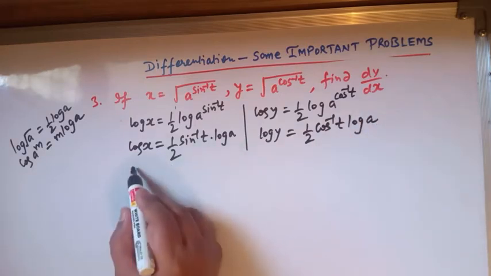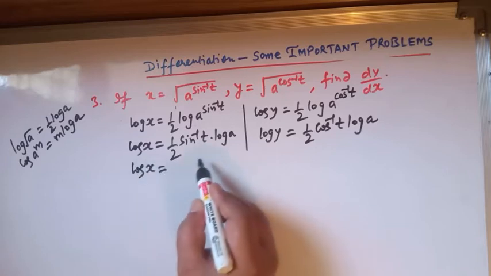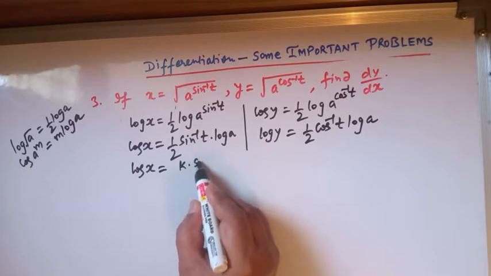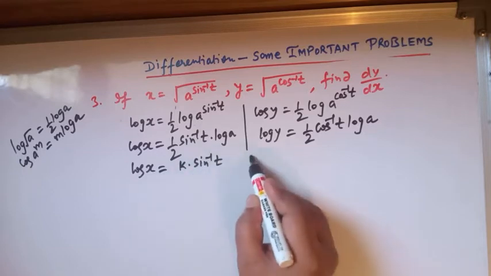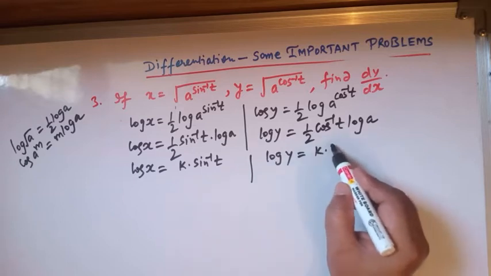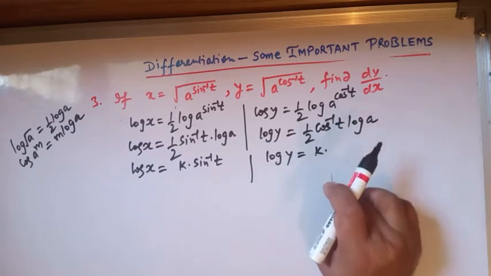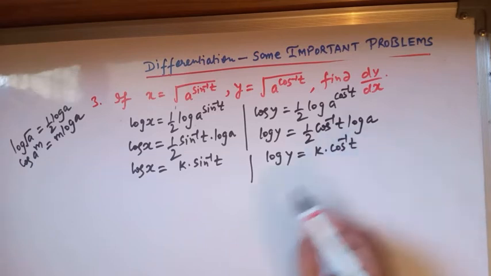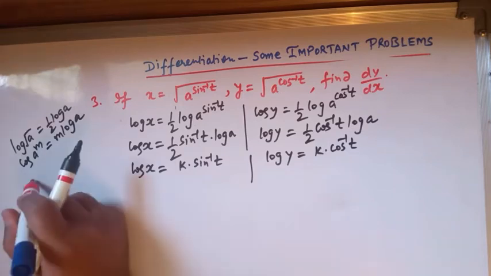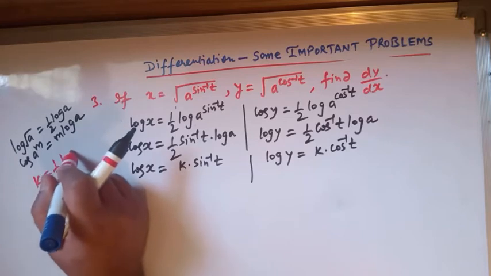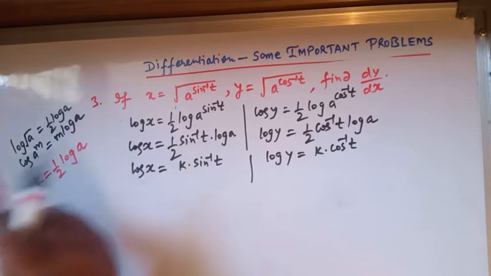Now log of x is equal to say k times sine inverse of t, and here also log of y is k times cos inverse of t, where we have assumed that k is equal to half of log a. Clear? Half of log a, because this is a constant.